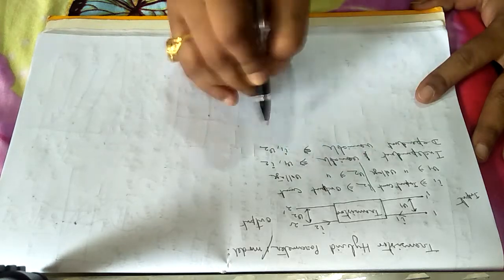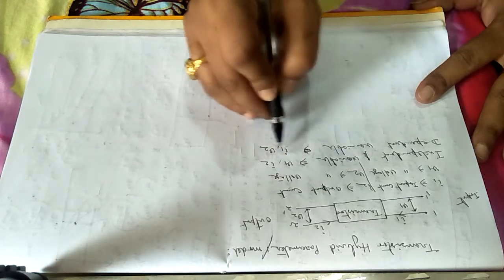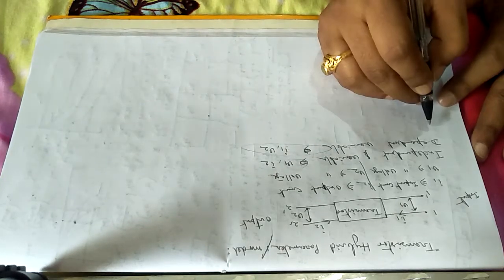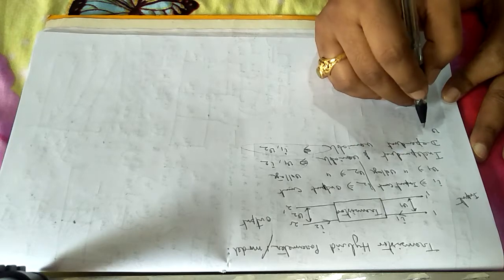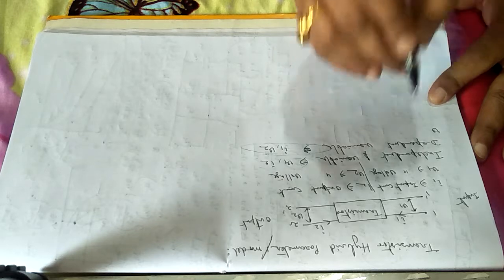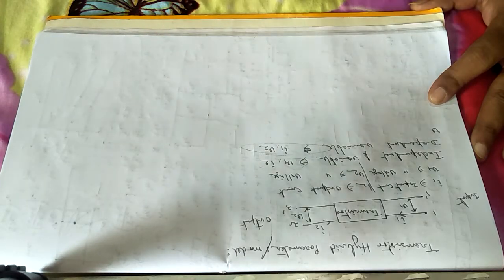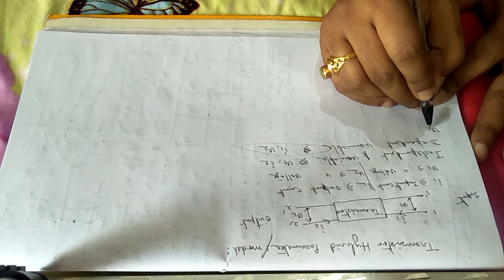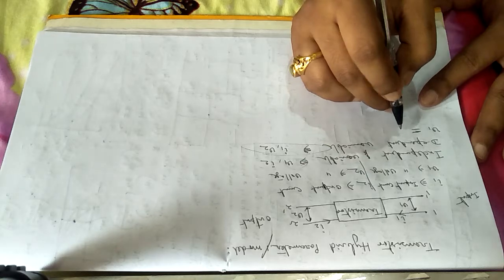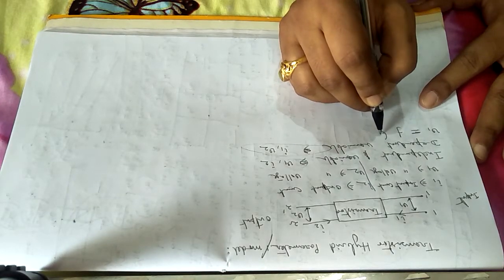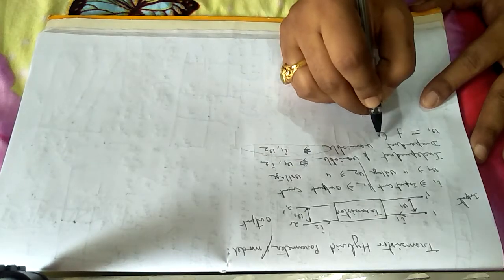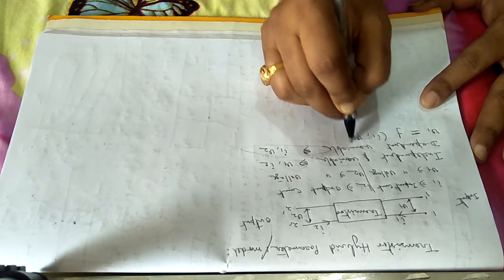Once you have classified those, you can express the dependent variables in terms of the independent variables. This is very simple. How can you express this? Let me write V1 as a function of these two, that is I1 and V2.